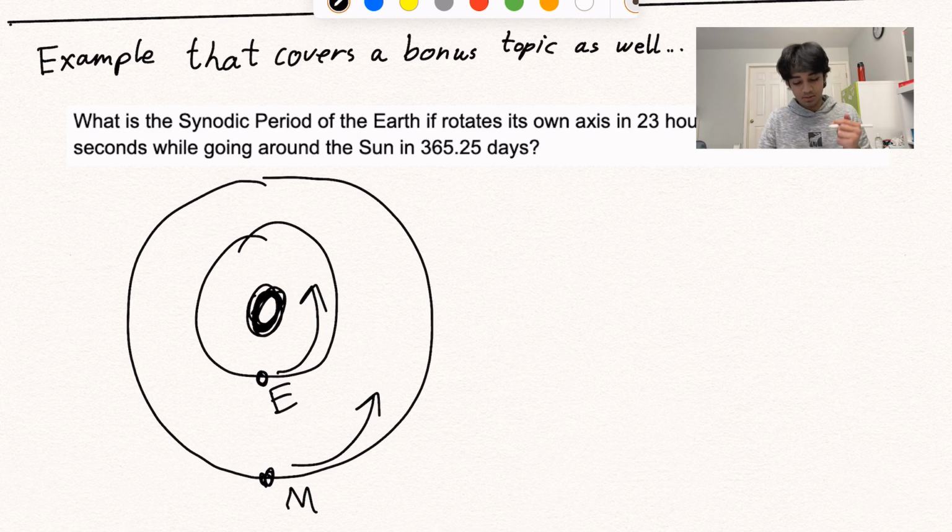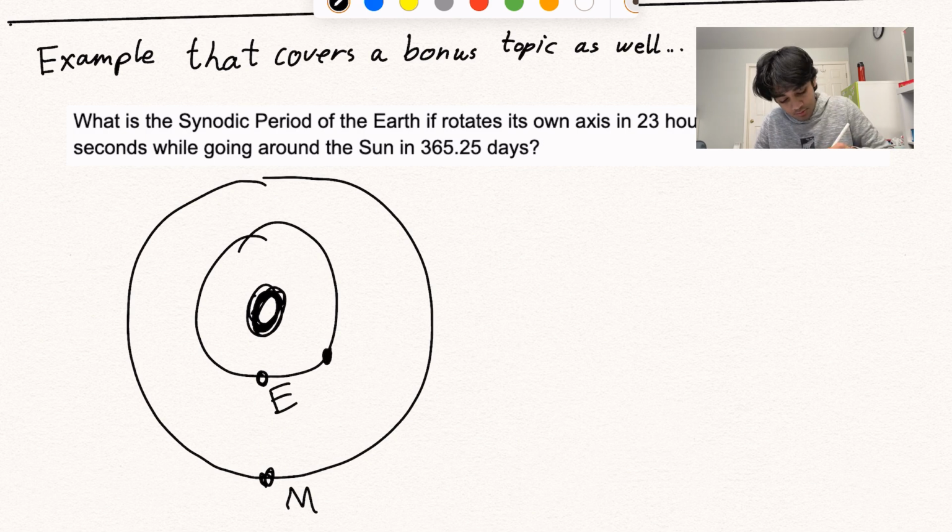But the synodic period tells us that if we start off Earth and Mars in this position, how long will it take to get the Earth and Mars back aligned up perfectly in a straight line? Or in whatever position they were before, you want to circle back to the exact same position. How do we do that? So maybe the Earth moves here by the time Mars moves over here. Maybe the Earth will move here by the time Mars gets over here. It's pretty hard to keep track of.